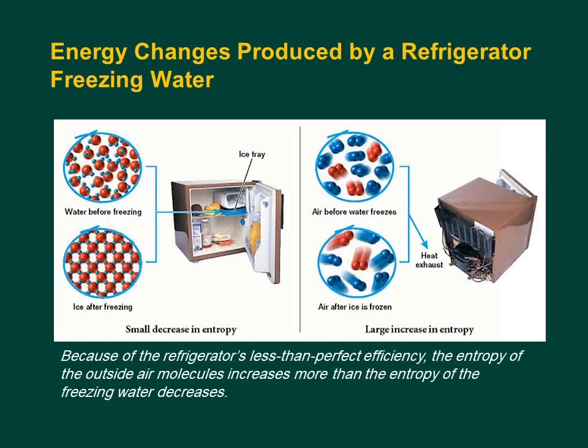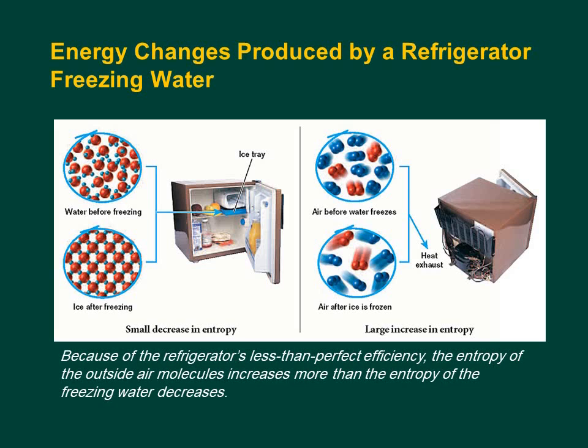Inside the refrigerator, the entropy decreases. Outside the refrigerator, the temperature increases and the particles of air become hot, so they move faster and they become less ordered, or more disordered.